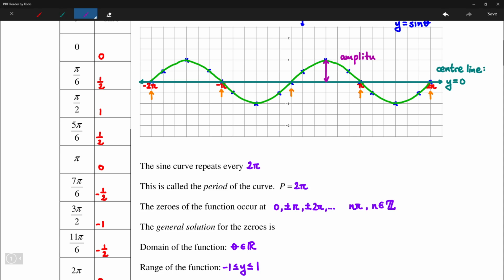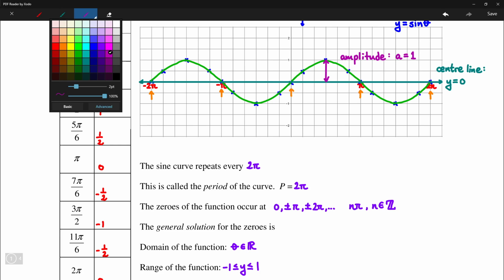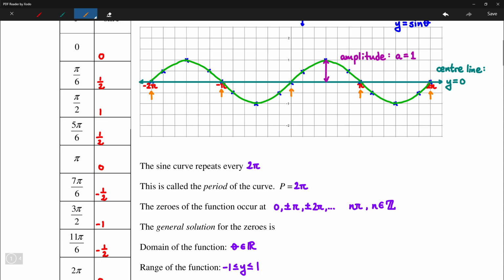So when we're describing sine and cosine functions, some new terminology would be the center line, the amplitude, and the period. Notice as well that throughout the course of a single period of the sine function, at the beginning of the period, the value here is 0.